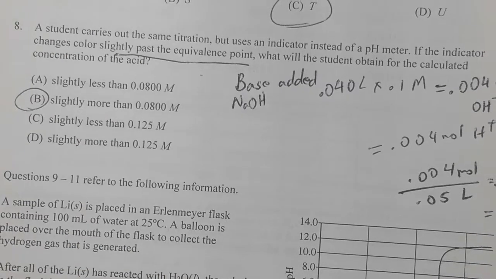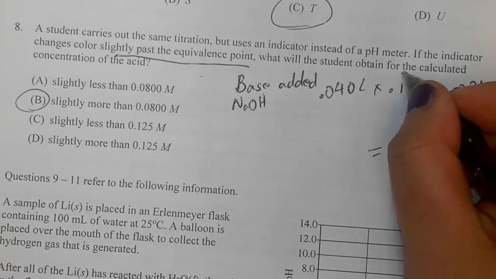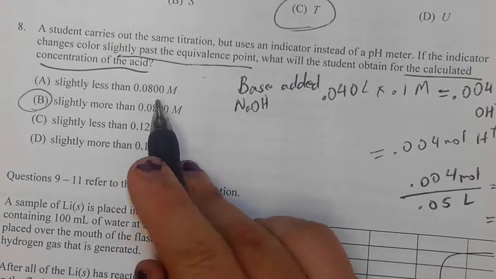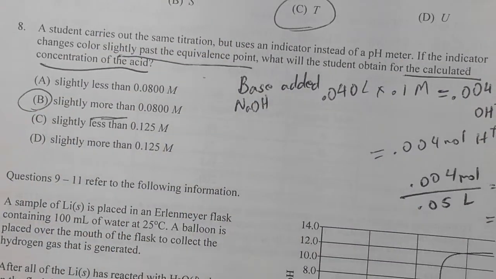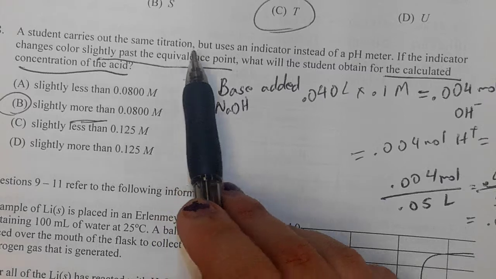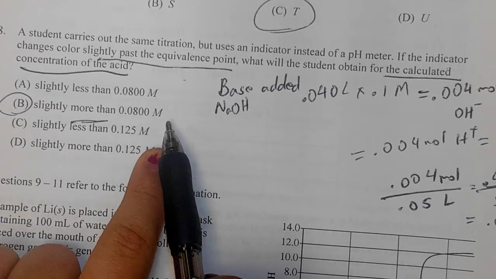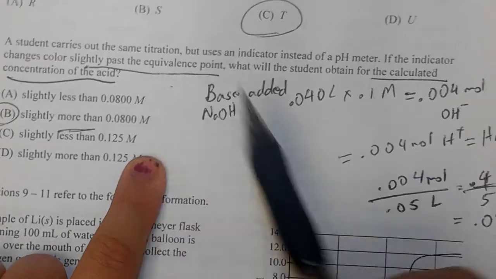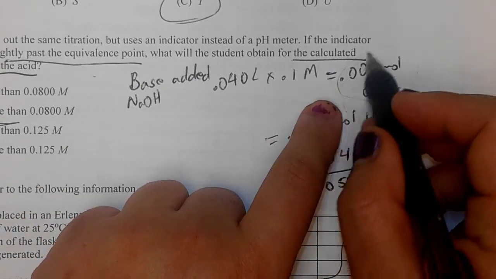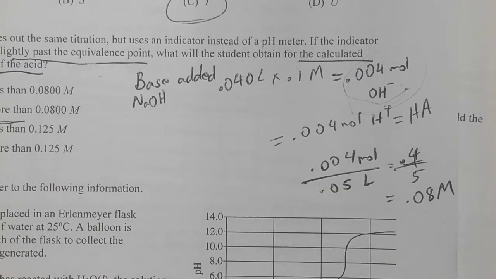Make sense? So the calculated concentration is slightly more than what you might get, because the actual one is 0.08. But because your indicator is telling you a little bit after, you're going to get slightly more. Because the number of OH you calculated will be more than this number. It won't be that number.